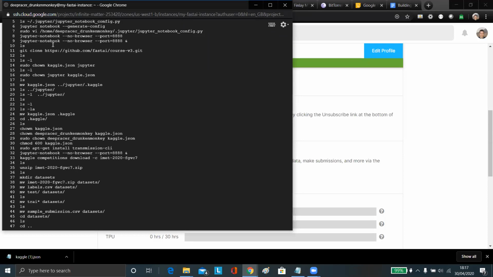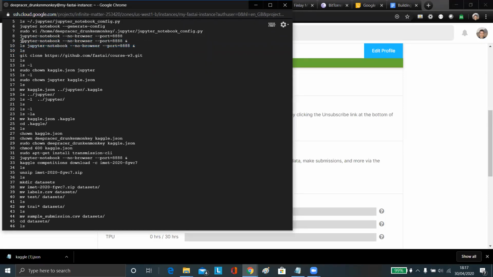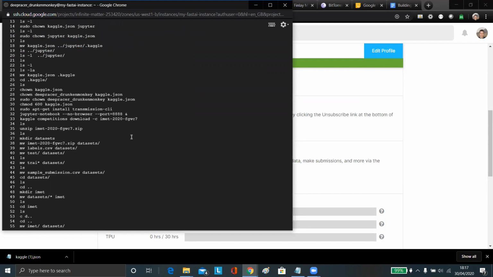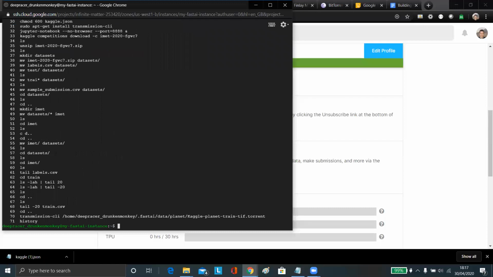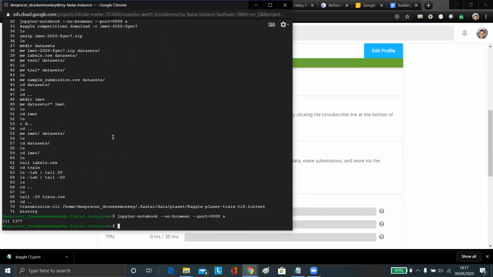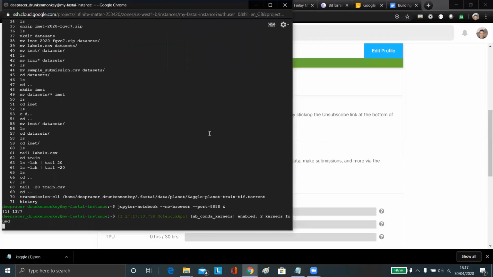Then if we run Jupyter Notebooks, and paste that in, that should kick off Jupyter Notebook.